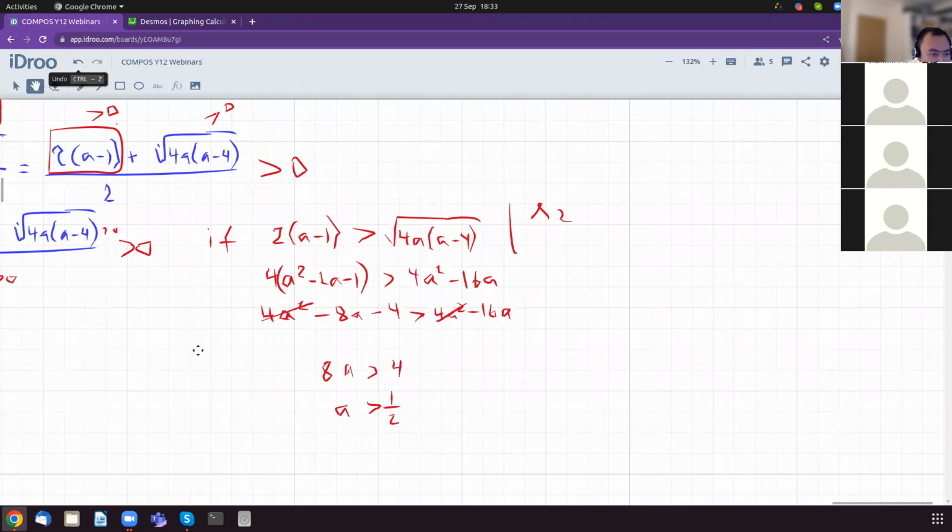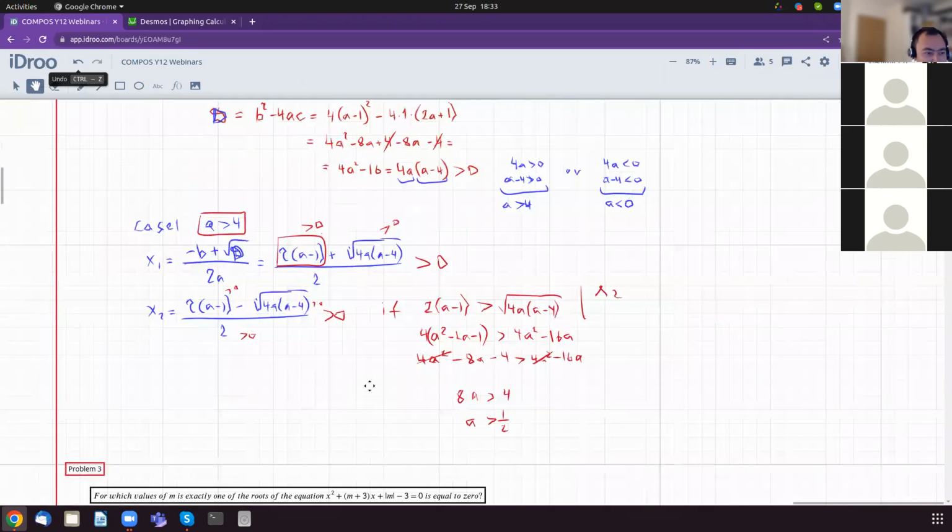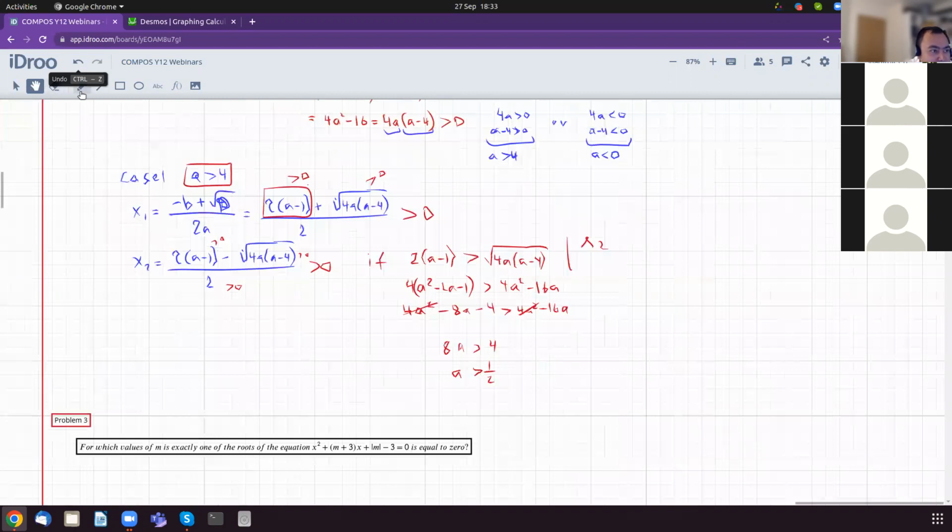But a is already greater than 4. So therefore, this will also be true. Yeah, because we are looking only at a greater than 4. This is true.